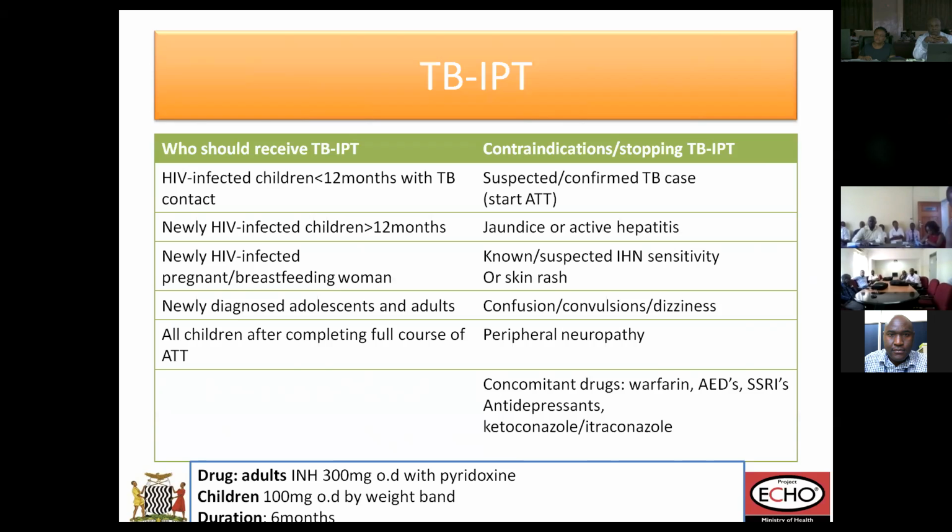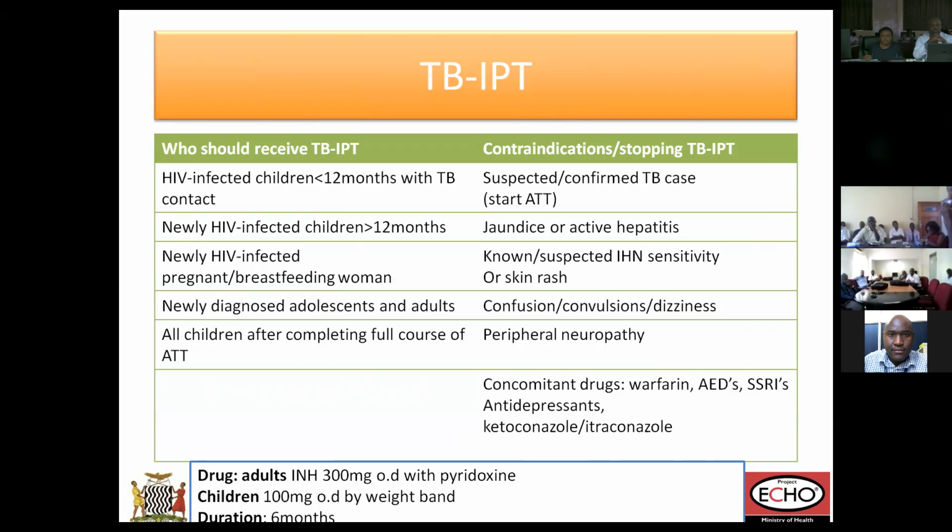Another one is when an individual, while on TB IPT, develops confusion, convulsions, or severe dizziness. That will also be an indication to stop. Peripheral neuropathy is also an indication to stop, especially if the patient was not receiving B6, as will be discussed later.